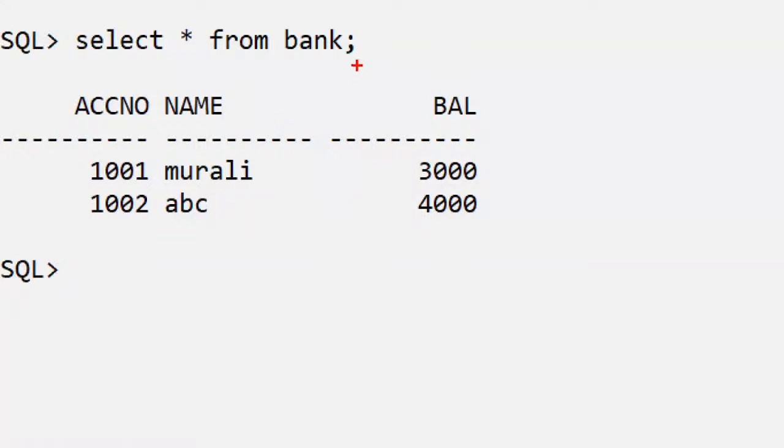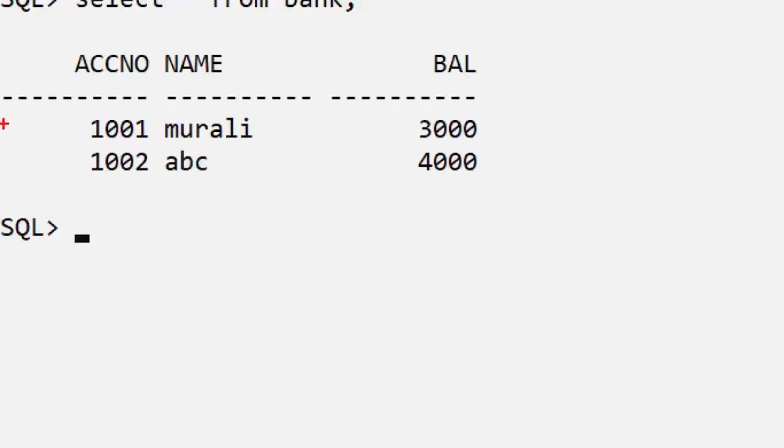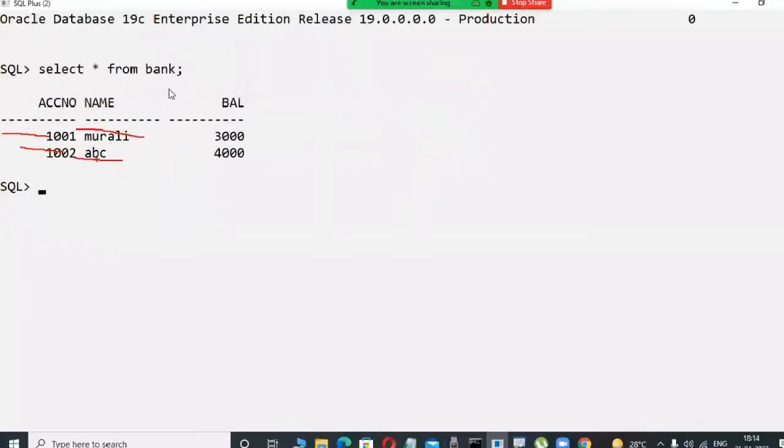Suppose this is the SBI bank. Observe here, these are the columns: account number, name, and balance. These are called columns, and these 1001 entries are called rows or data.